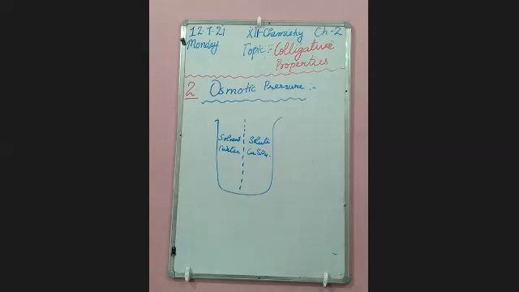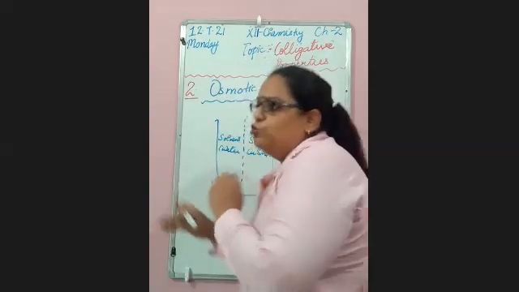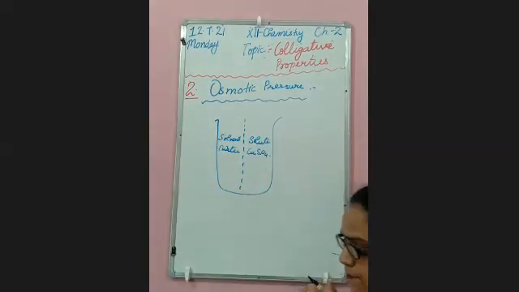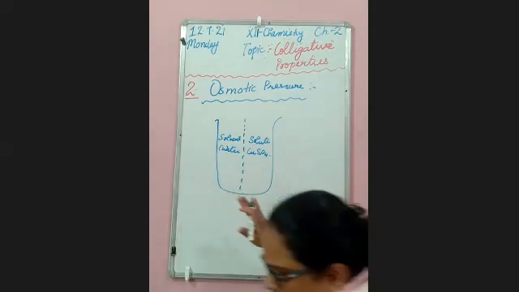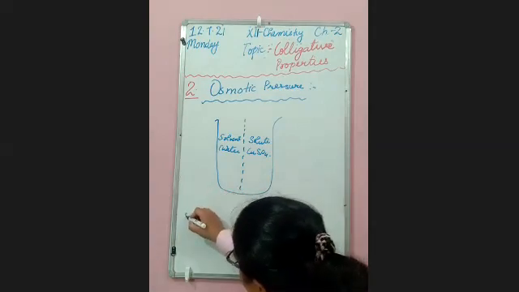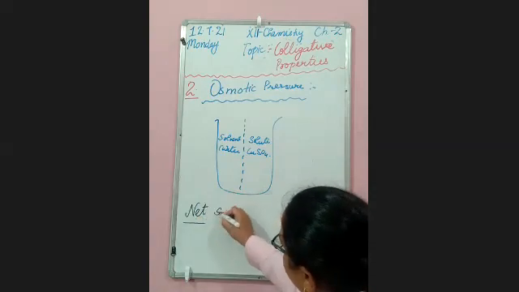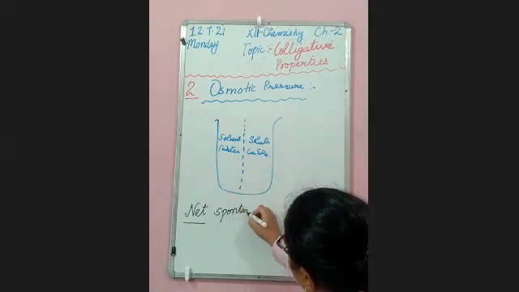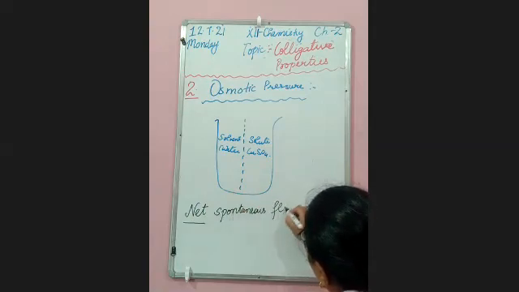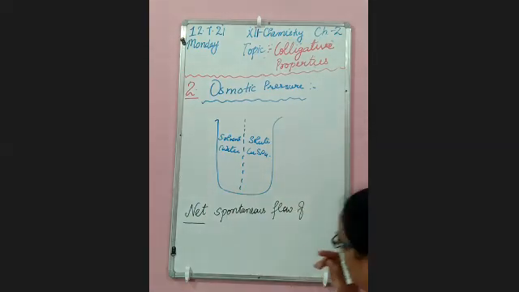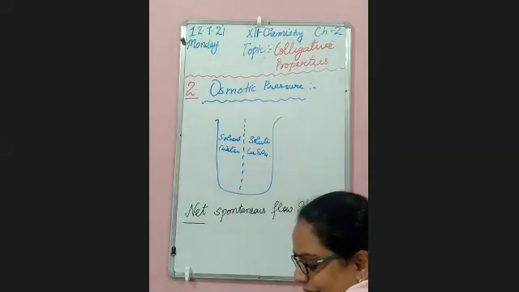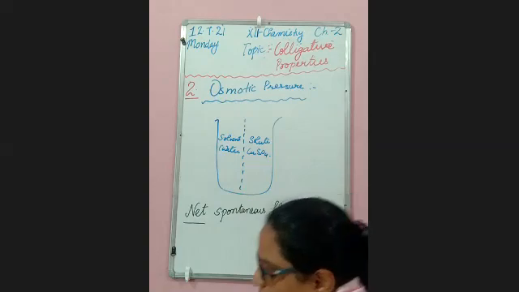So my dear, what is the definition of osmosis? The net spontaneous flow of solvent molecules. You will find so many definitions of osmosis in different books, but remember this, it is easy. The net spontaneous flow of solvent molecules, I am telling it in terms of solvent. You will find the definition of osmosis in solute terms also.